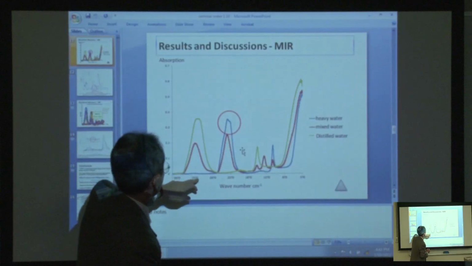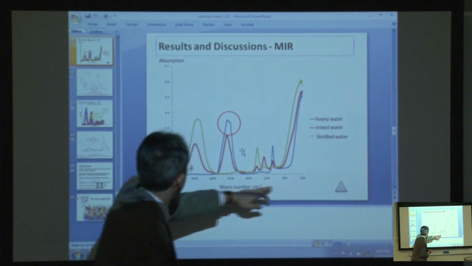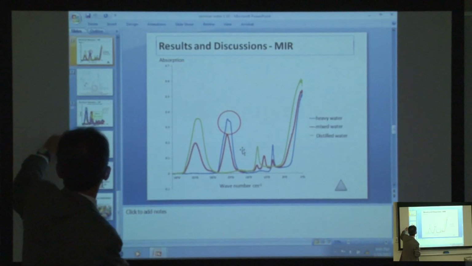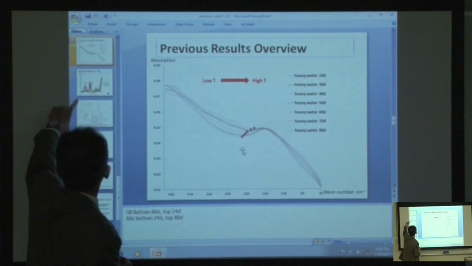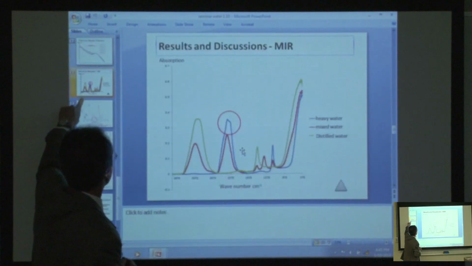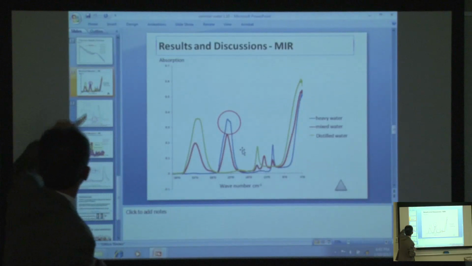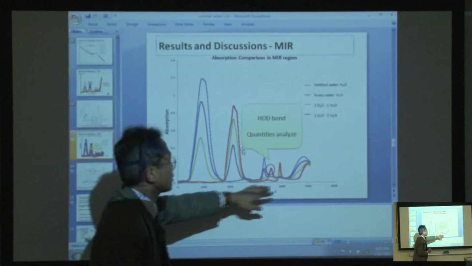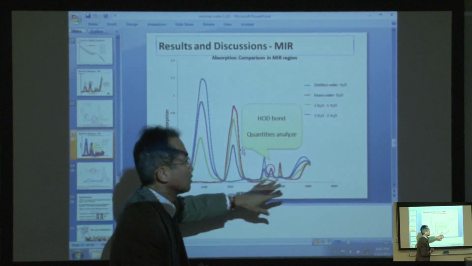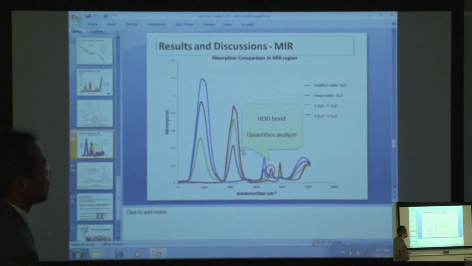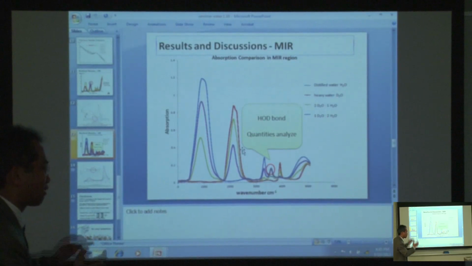This is 3,007 and 3,000. Then comparing this one, which one? Yeah, this one should be maybe this one. Is it the same tendency or completely different? Is it correct? I was confused.